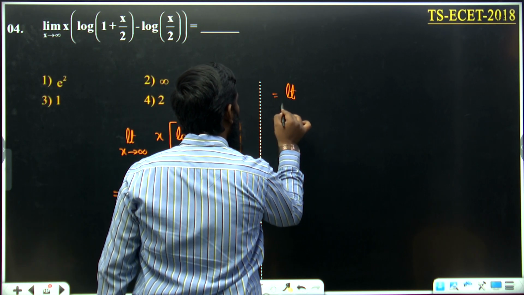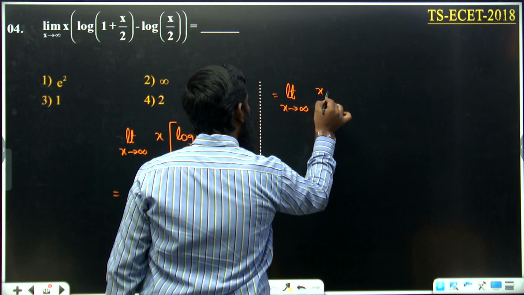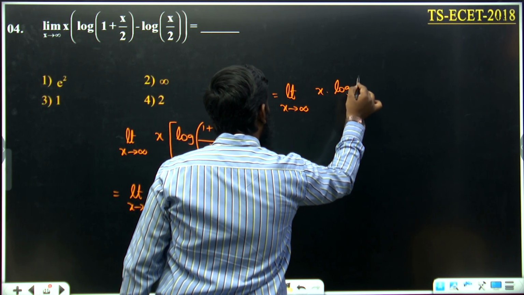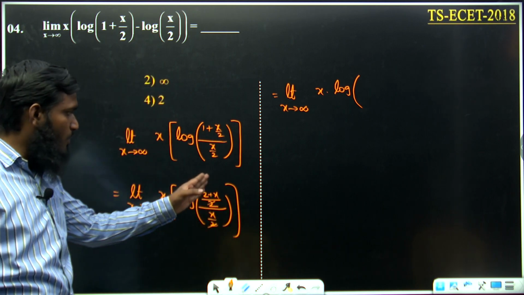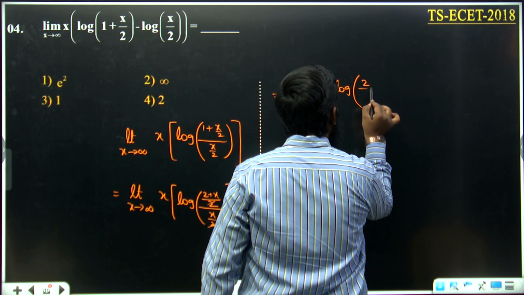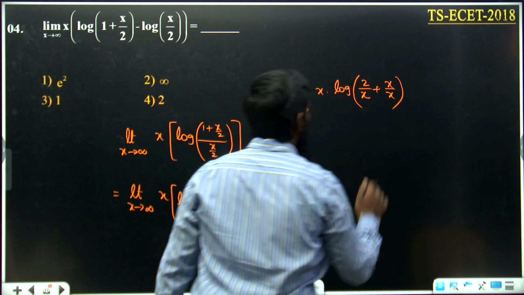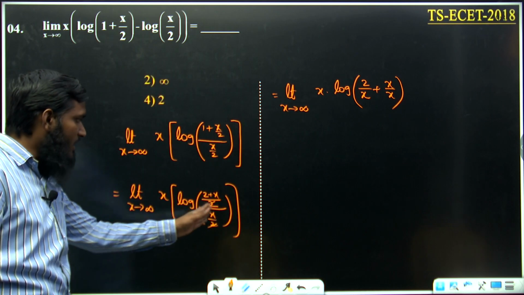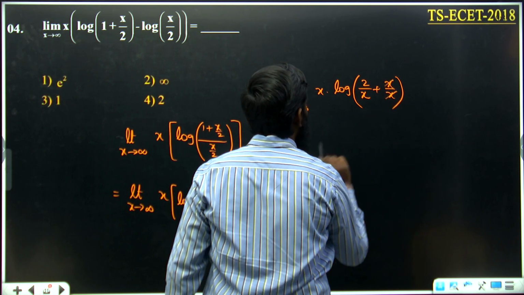So, limit x tends to infinity, we have x into log of (2 plus x) divided by x. So that I am splitting the denominator, 2 by x plus x by x. Like this I am splitting. If you split the denominator, then this x gets cancelled.